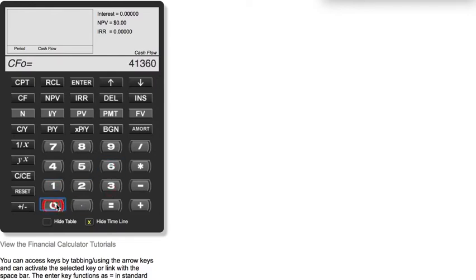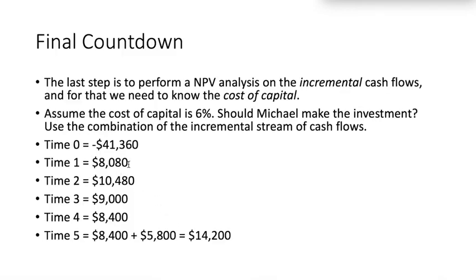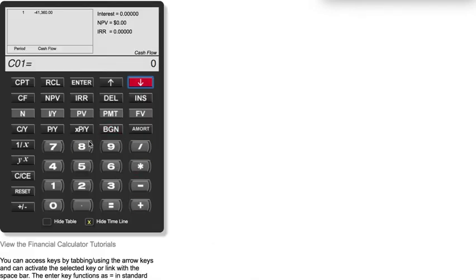It's the investment amount, so it has to be negative. We enter that in. Go down to the next cash flow. $8,080. Enter that in. It occurs once. Go down.